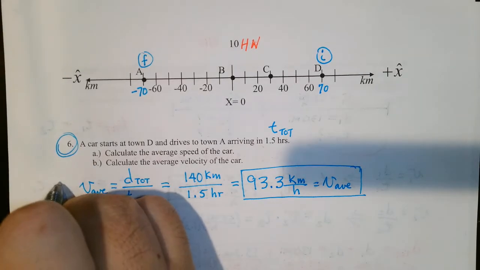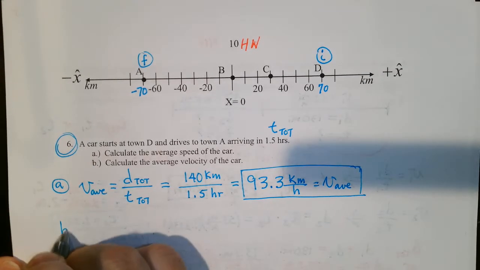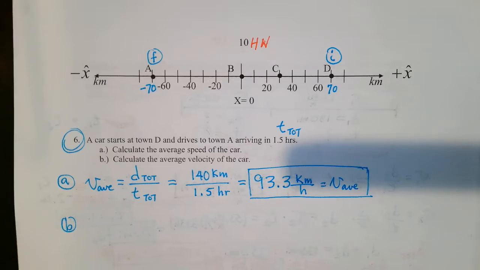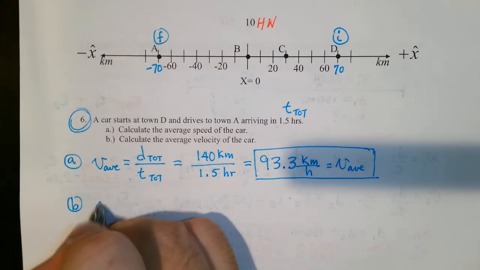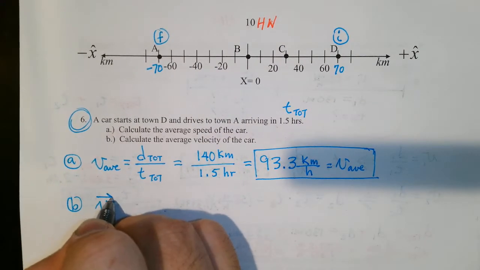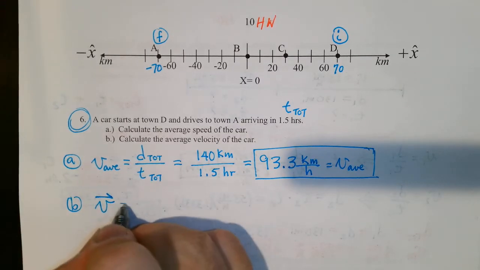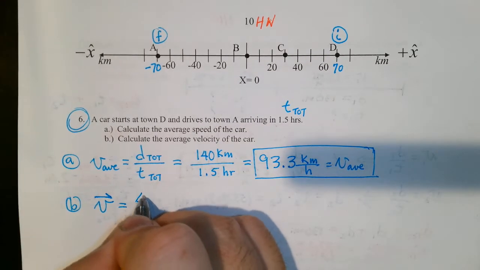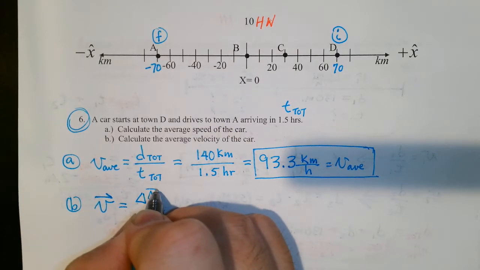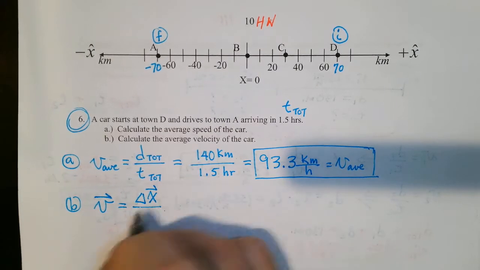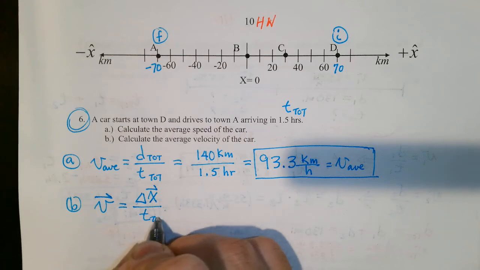However, this is part A, but for average velocity, our average velocity has this little vector drawn at the top, and that, by definition, is change in position over t total.